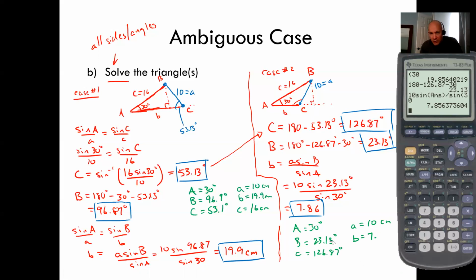I've kind of been rounding things to one decimal place, so I'll be consistent with that. 7.9 centimeters. C equals 16 centimeters. Okay, so solved two different ways, and which one is the correct way? They're both equally correct given the amount of information that we had.